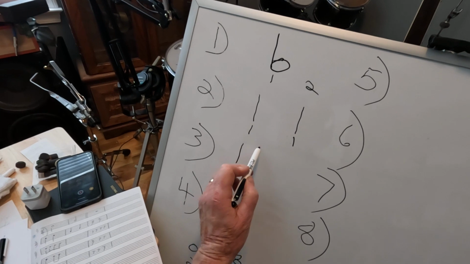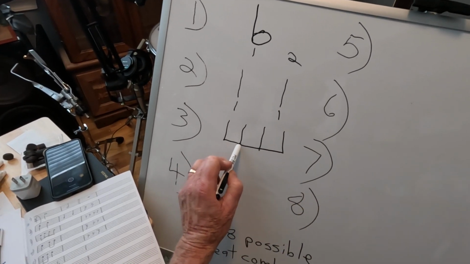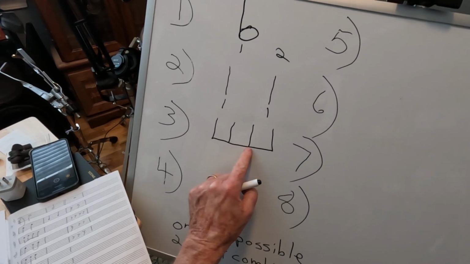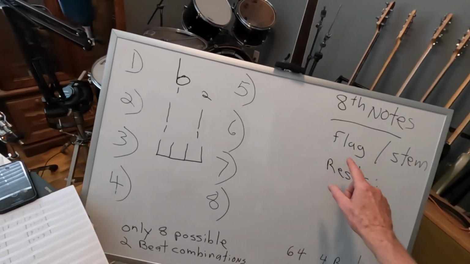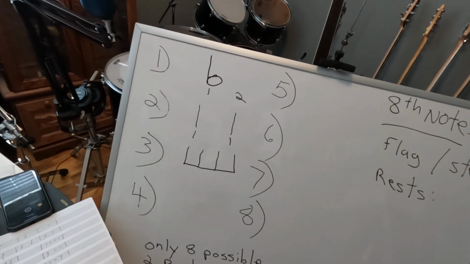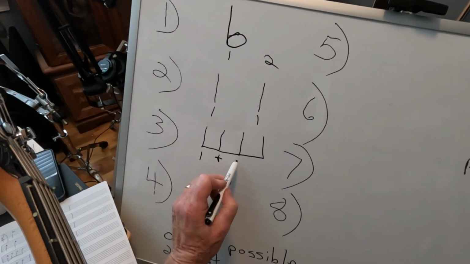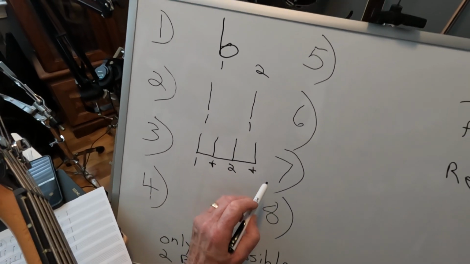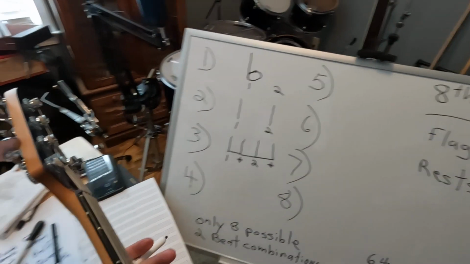is where we introduce the eighth notes. The eighth notes have either a flag or a stem on it, and we'll get to all that. It's 1 and 2 and. All right, we'll call that 2 to keep it consistent.